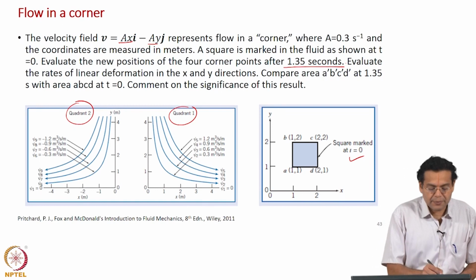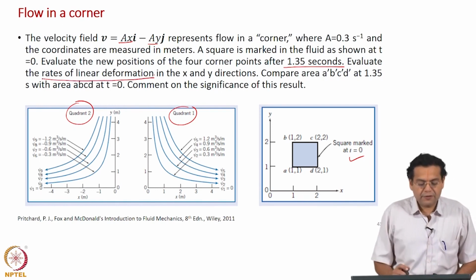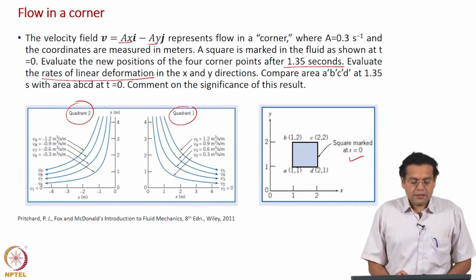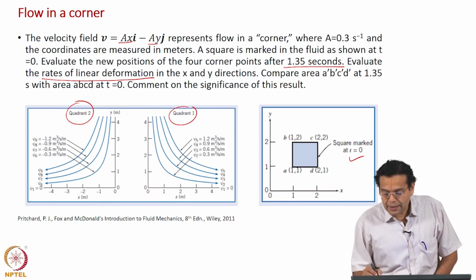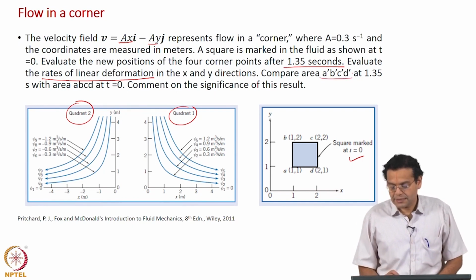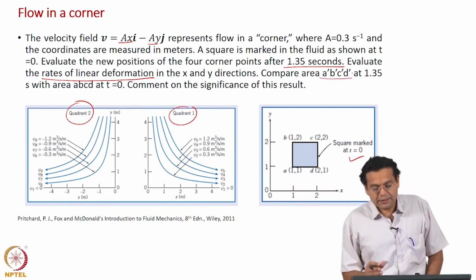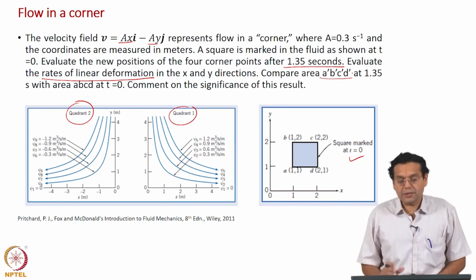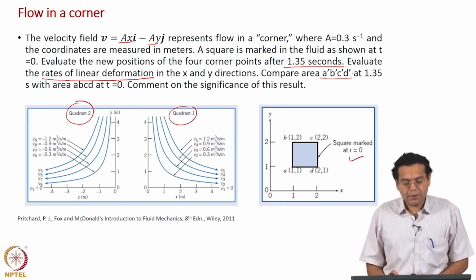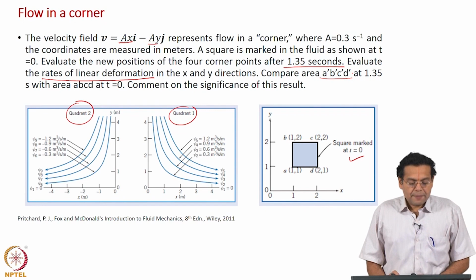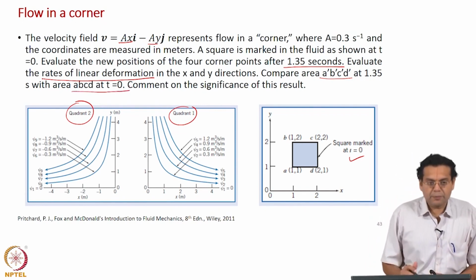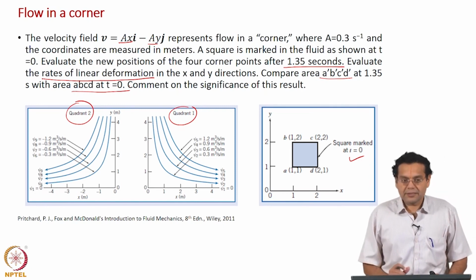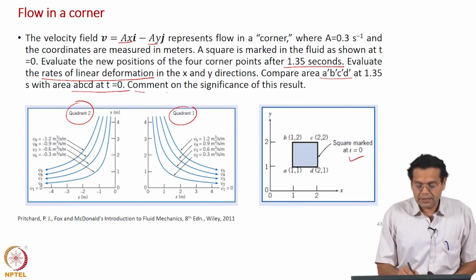Rates of linear deformation is another way of saying normal strain rate in the x and y directions. Then compare the new area A dash B dash C dash D dash at 1.35 seconds with the area ABCD at t equal to 0, whether it will change or not, and comment on the significance of this result.